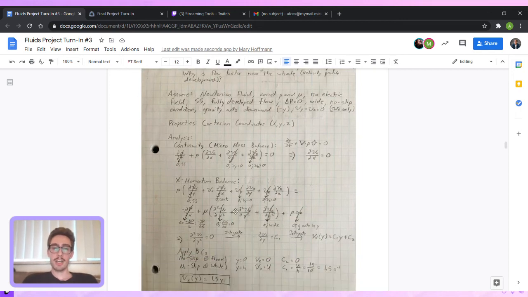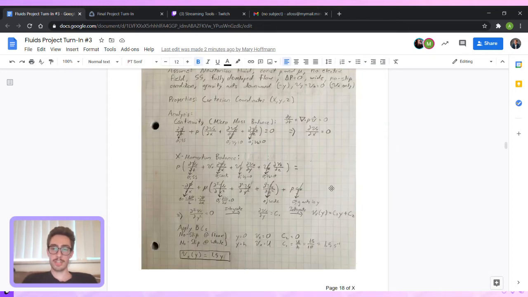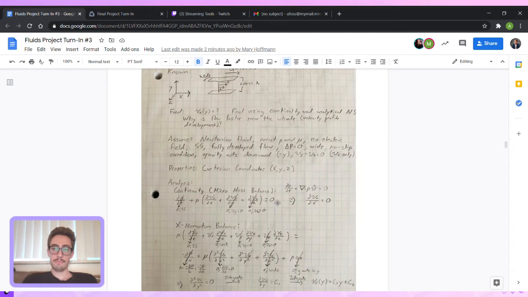swim in. To do this, we first take our continuity equation and apply all of our assumptions, and then we can find that dvx/dx is equal to 0.